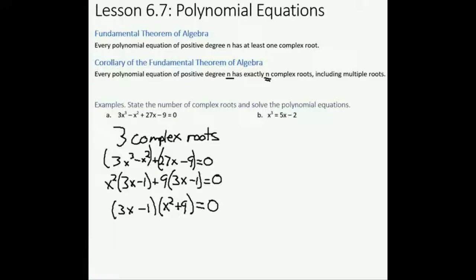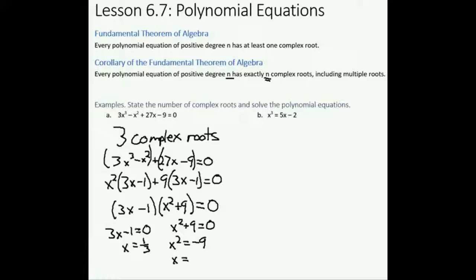And we remember, if we have things that multiply to equal 0, we can set them equal to 0. Now this one is close to being something that's familiar, but it is not. So here we can have 3x minus 1 equals 0, and x squared plus 9 equals 0. Add 1, divide by 3. So x equals 1/3. That's one solution. Over here we can subtract 9 and take the square root.